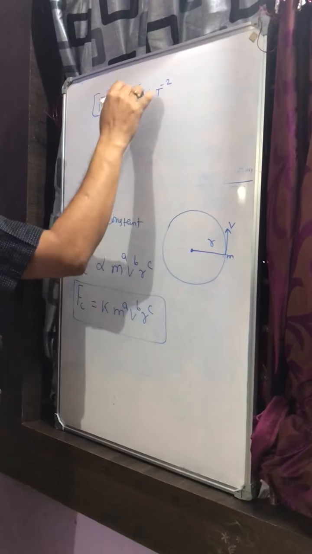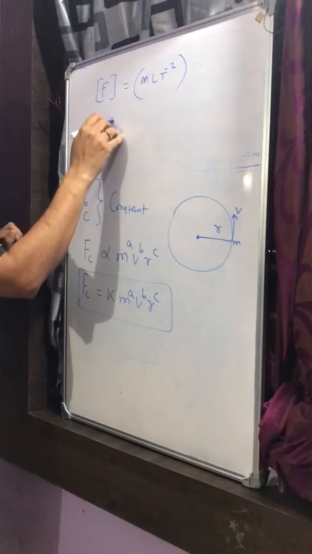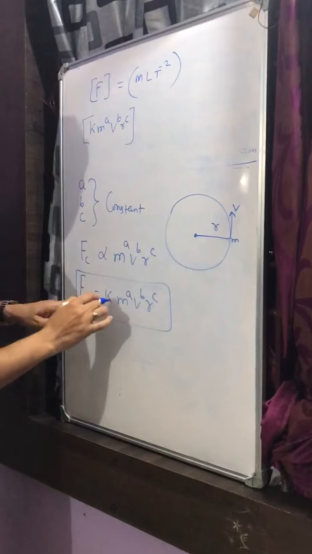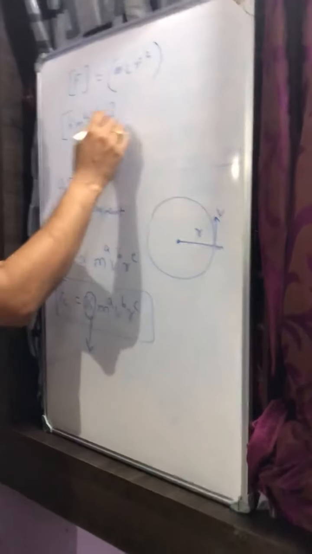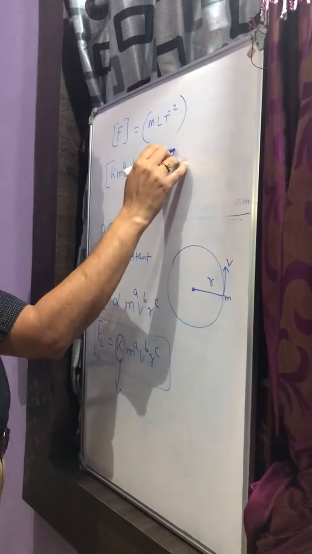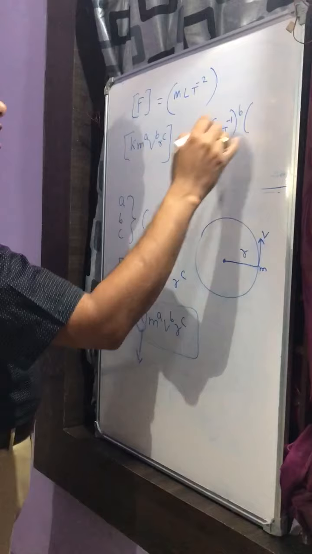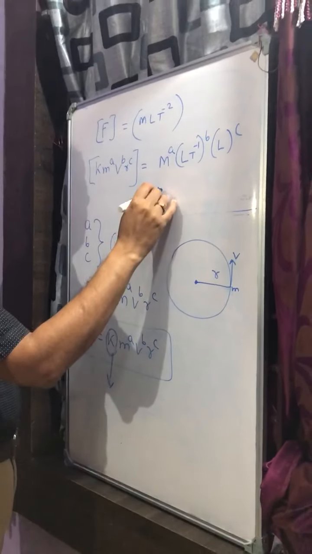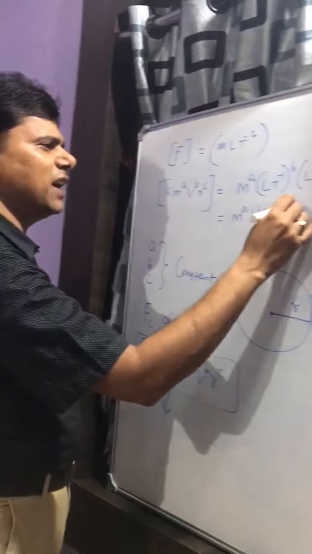This is M L T minus 2, the left side, and the right side will be like this. So k is actually a constant, it has no dimension. So this will be equal to m to the power a, v means L T minus 1 to the power b, r means radius, so L to the power c. So if I combine, I will get M to the power a, L to the power b plus c, T to the power minus b.